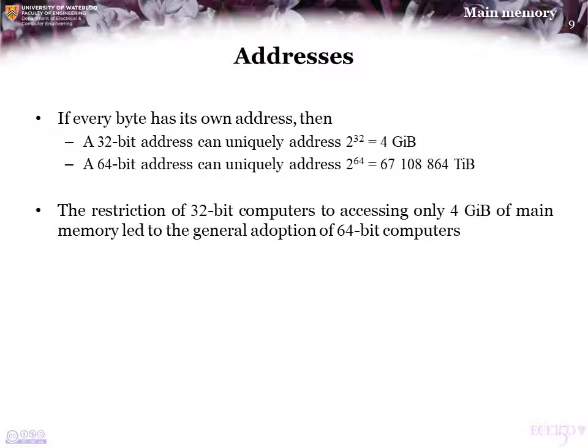Now, the reason we went from 32-bit addresses to 64-bit addresses is the restriction of having only 4 gigabytes of main memory if you had a 32-bit computer. Consequently, by the early 2000s, essentially all general-purpose computers, be they laptops, desktops, tablets, etc., had 64-bit processors.